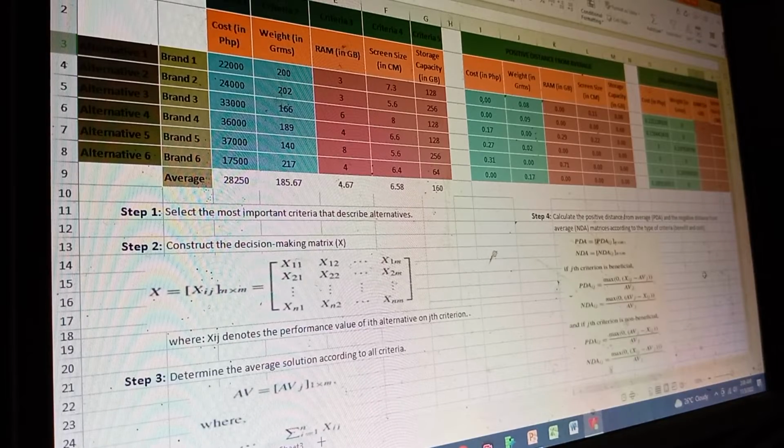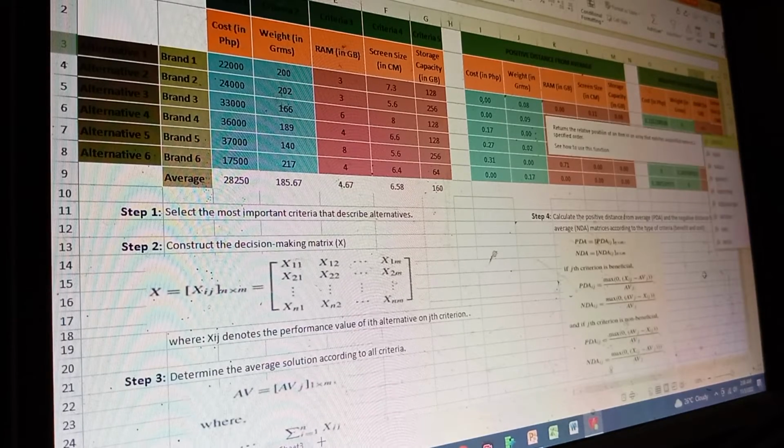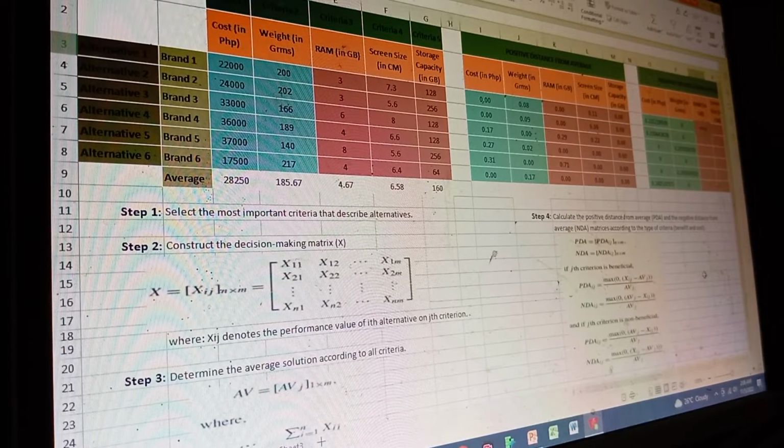Then here also is max 0, average first, minus this value, over average.